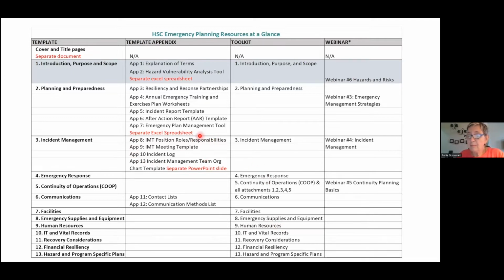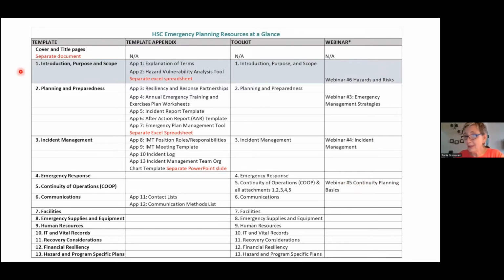This shows you what appendices are related to that particular section. And finally, it lists webinars associated with that section. So if you wanted to focus on continuity of operations, looking at your essential services, that's webinar number 5 that we just held.